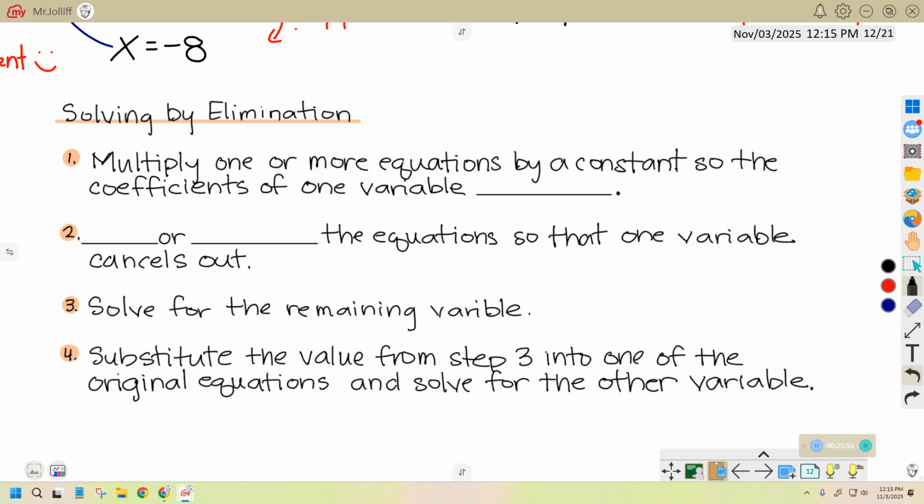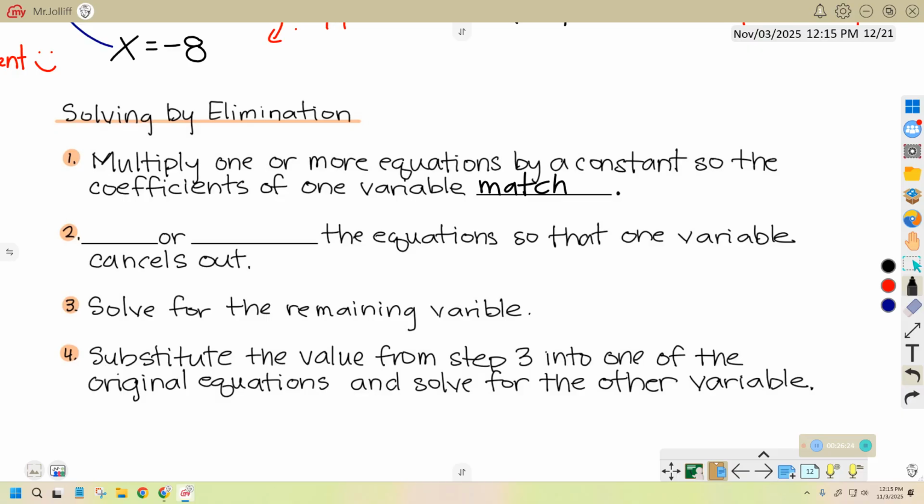If I don't see any matching coefficients, I am going to multiply one or more of the equations by a constant, by a number, so that the coefficients of one of the variables does match. If the coefficients don't match, they won't cancel when I add or subtract. I need matching coefficients on one of my variables.